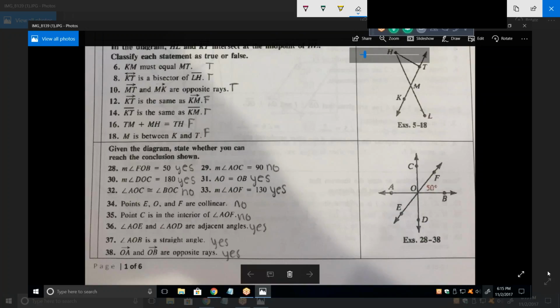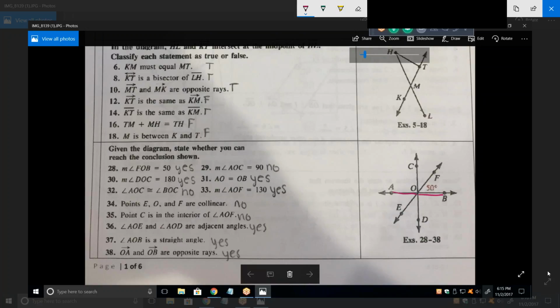So 30. DOC. Yes, that's a straight line, so that is 180. AO equals OB. They're saying that segment equals that segment.